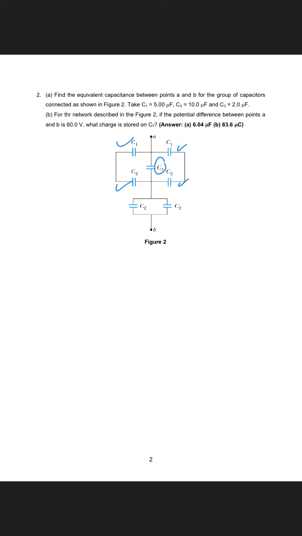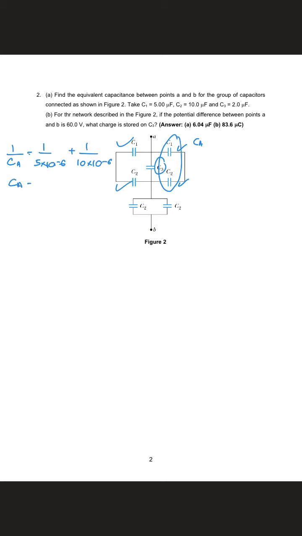For C1 and C2, you can use the formula 1 over C. I'm going to call the combination here CA to make it easier. So 1 over CA is 1 over C1, which is 5 × 10^-6, plus 1 over C2, which is 10 × 10^-6.